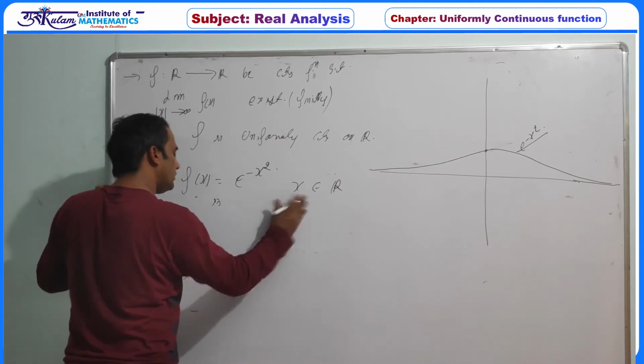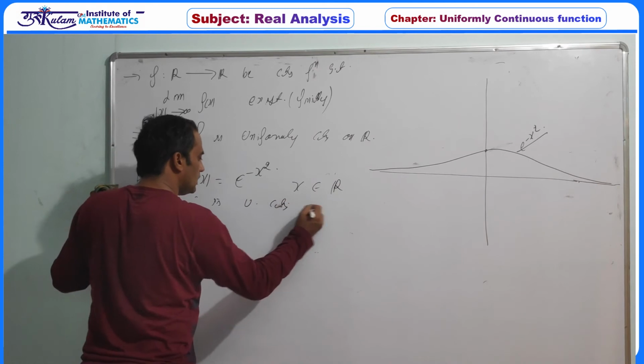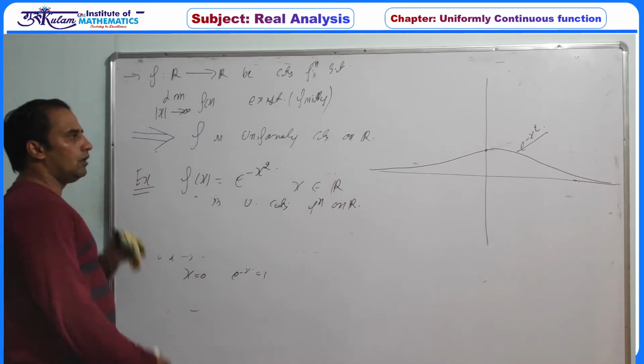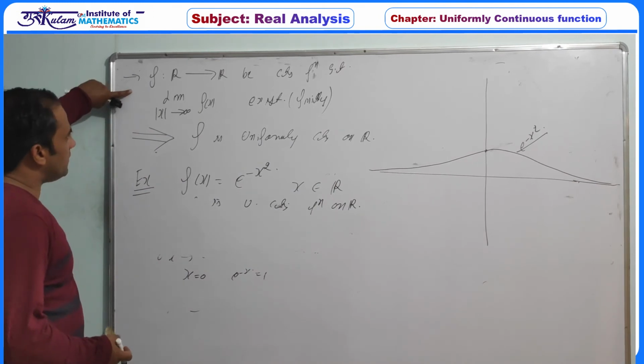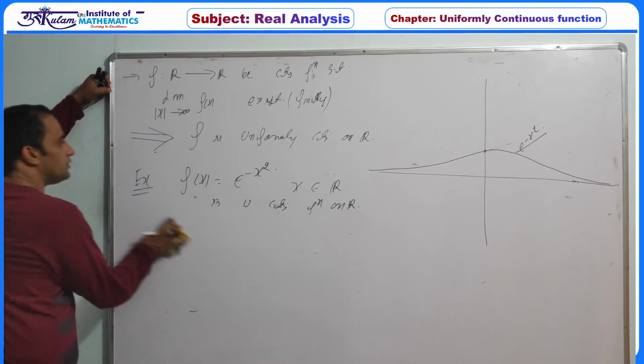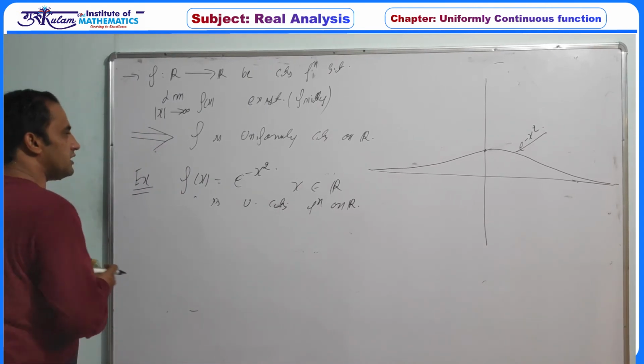So uniformly continuous function on whole real line. Whenever this limit exists finitely, then f must be a uniformly continuous function. But the converse of this is not true.